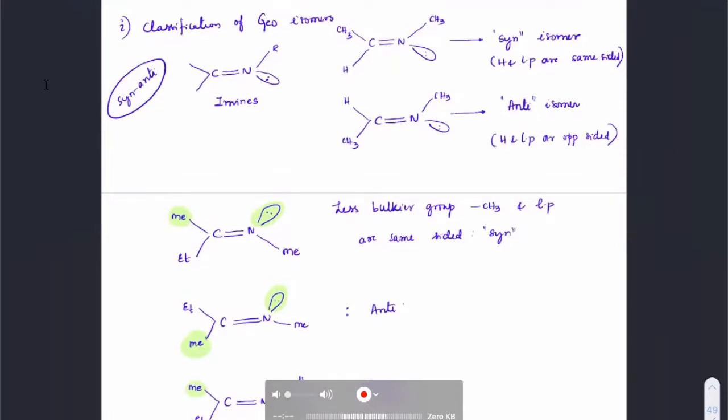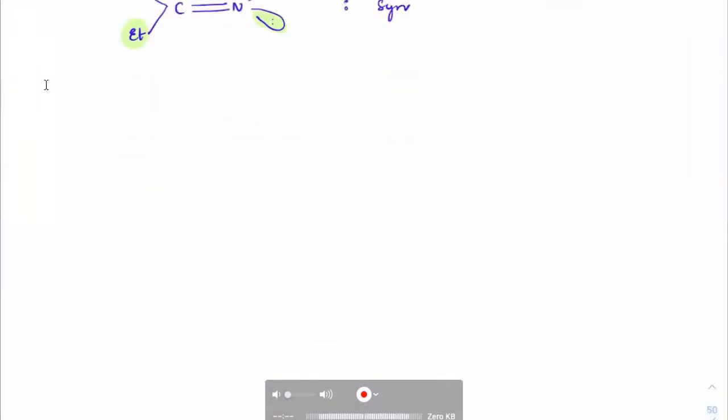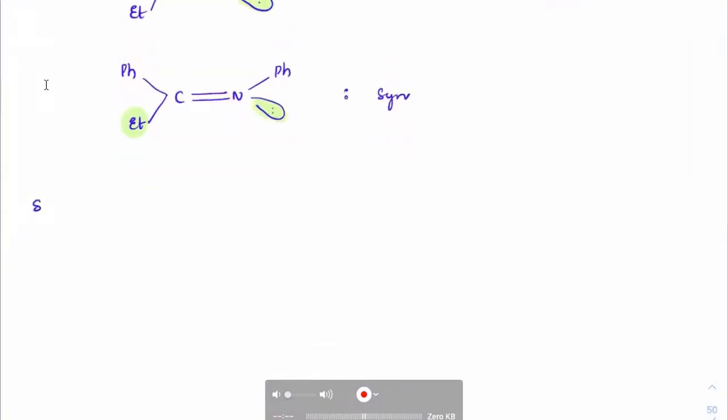Okay. So syn and anti isomers in imines is clear. We can see the same syn and anti classification in oximes also.